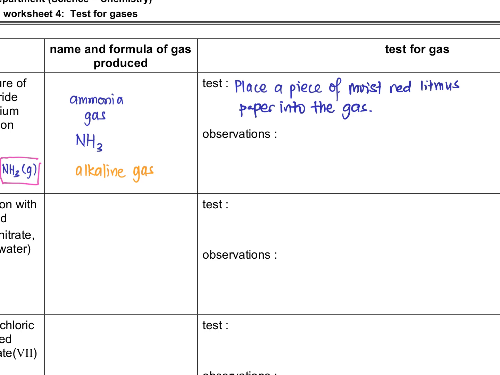Okay, so if your ammonia gas is produced, usually it comes with a pungent smell, so you can detect the smell. And at the same time, your moist red litmus paper will turn blue.